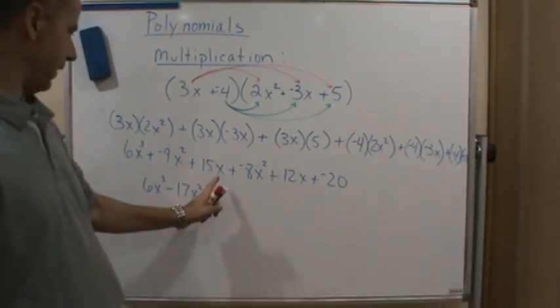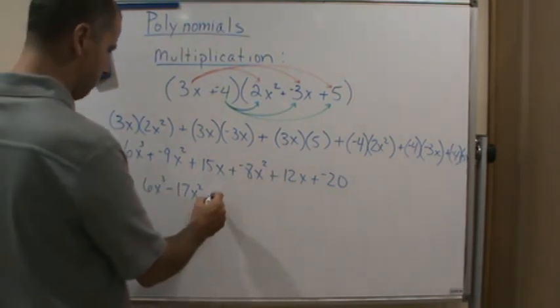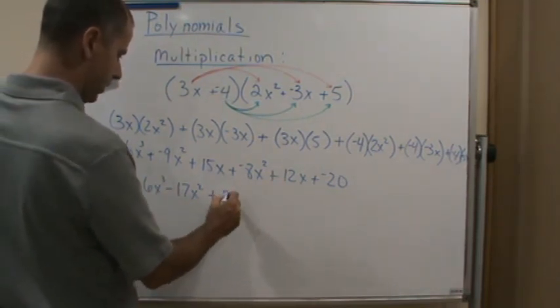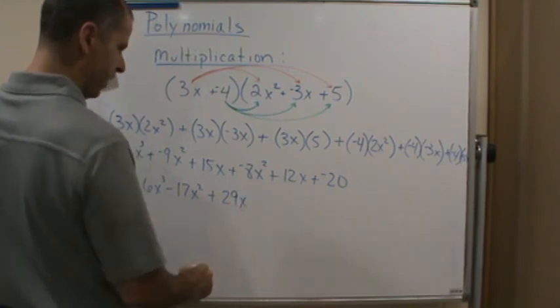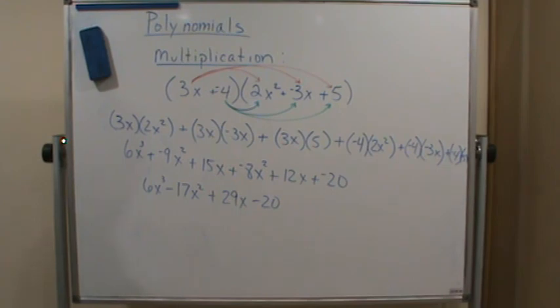Now the x's: I have an x here and an x here, so I'll get 15 and 12, which gives me a plus 29x, minus 20. And I'm done. This is the answer.